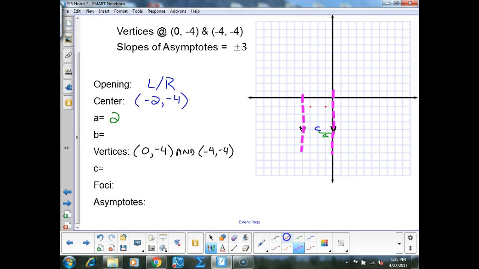So I could go up 3 more and right 1 more, or up 3 more and left 1 more, and now I'm on that. So I know that my box is there at least, which makes B be how much?